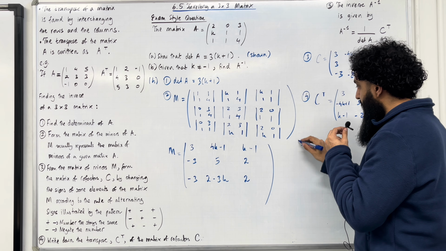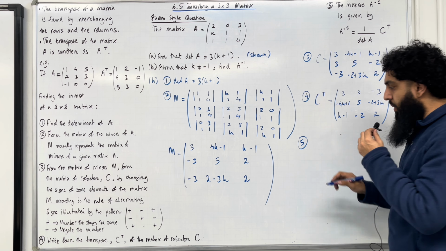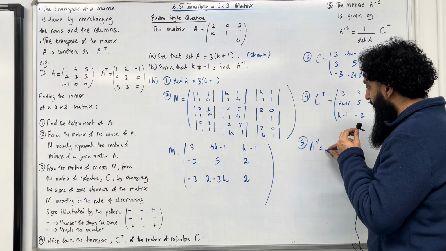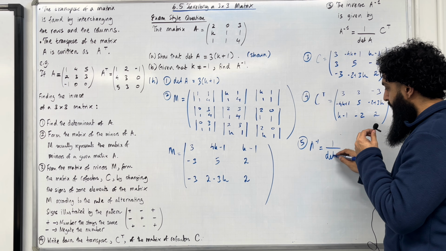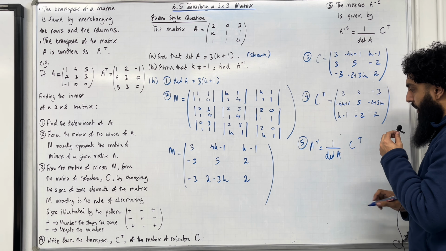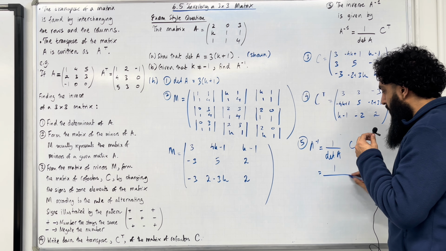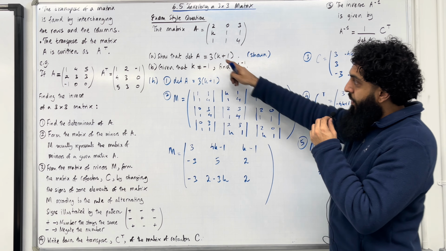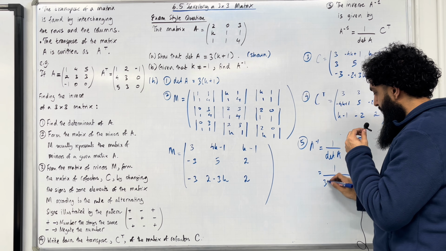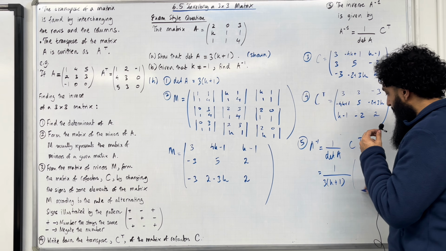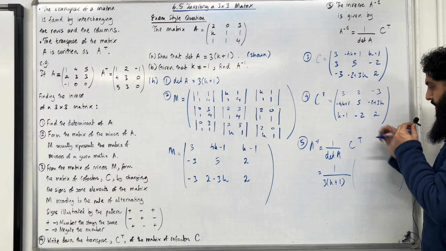And then step number 5, final step to work out A inverse. I simply do 1 over det A multiplied by C to the power T. So that would be 1 over det A, 3 multiplied by k plus 1, multiplied by this matrix here.